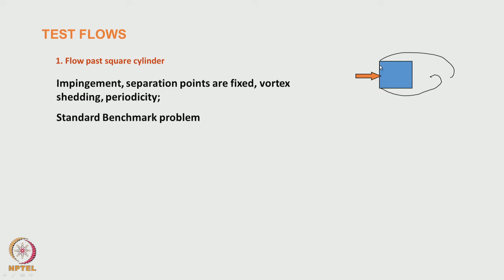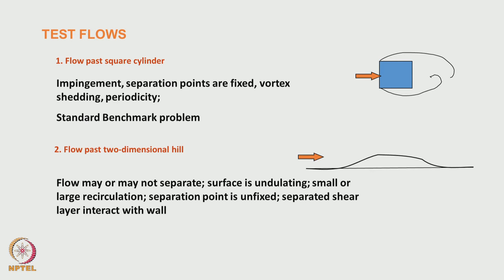We have already seen that in a square cylinder the separation points are fixed and there is a shear layer separation and vortex shedding happens. There is a periodicity associated with the shedding and the frequency of that vortex shedding is also important. This is a standard benchmark problem.